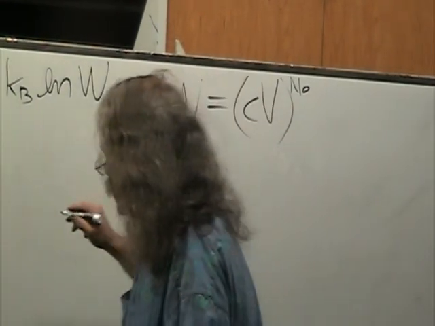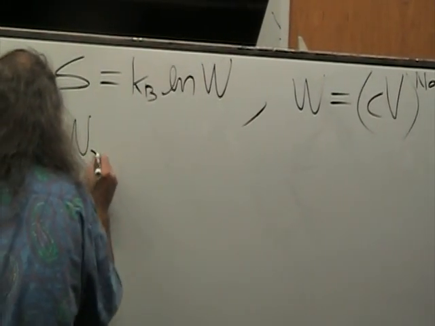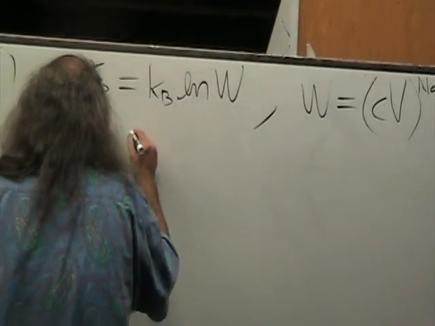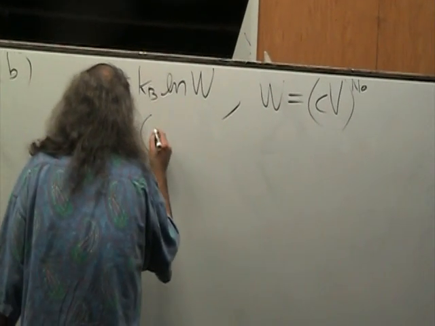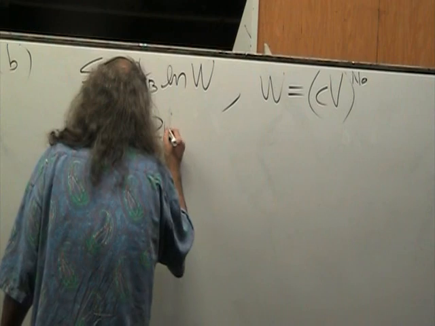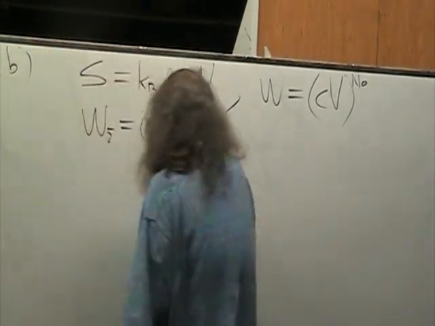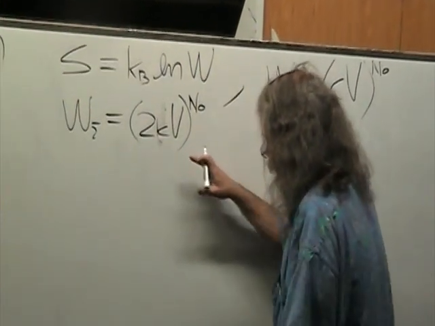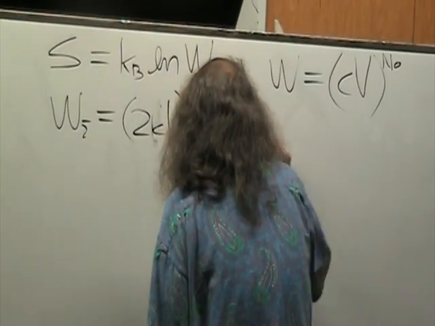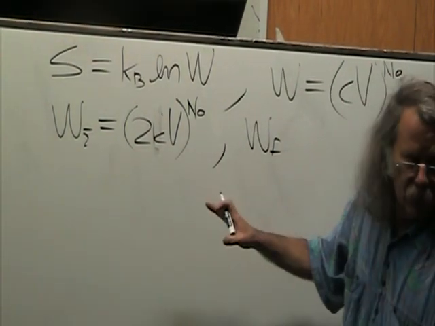And the initial volume, W initial, is going to be twice the final volume, because we're compressing it into 1/2 its volume.